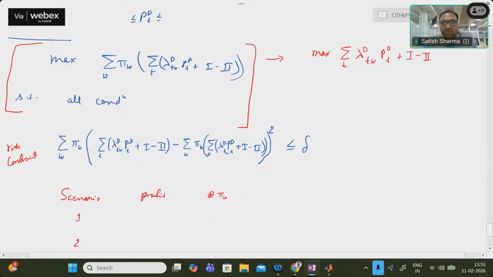I'm not writing them down here, and then subject to all conditions. This part I will solve for all scenarios, the set of scenarios. So once I solve this, I will get, let's say, this is the maximum profit.